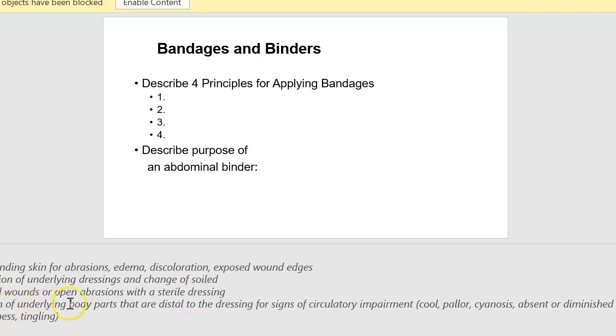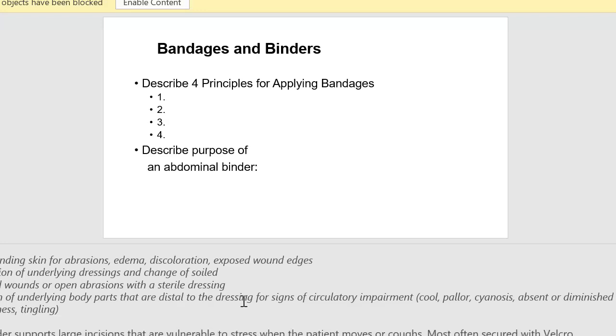Assess the skin of the underlying body parts that are distal to the dressing for signs of circulatory impairment, such as pallor, cyanosis, coolness, absent or diminished pulses, swelling, numbness, tingling, to make sure that the dressing is not cutting off circulation. And abdominal binders are used usually to support large incisions that are vulnerable to stress when a patient moves or coughs, and they are usually secured with Velcro.